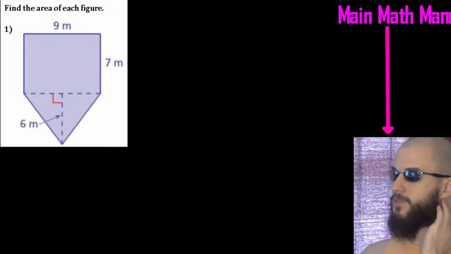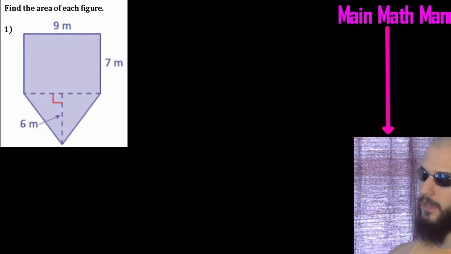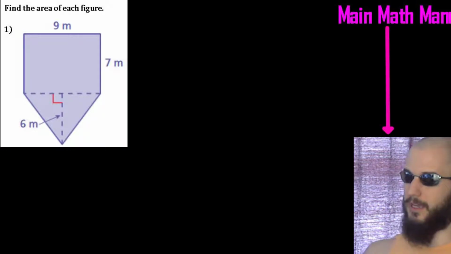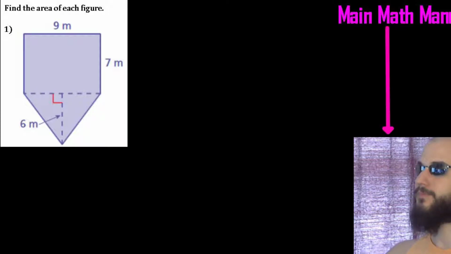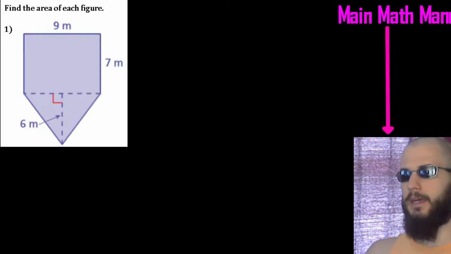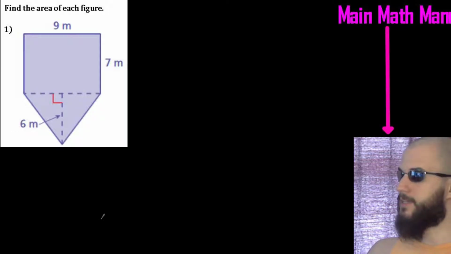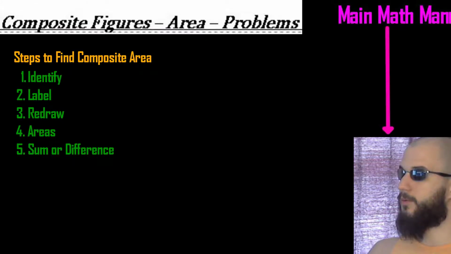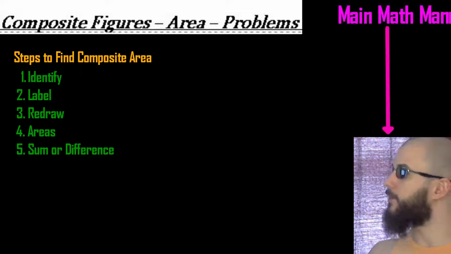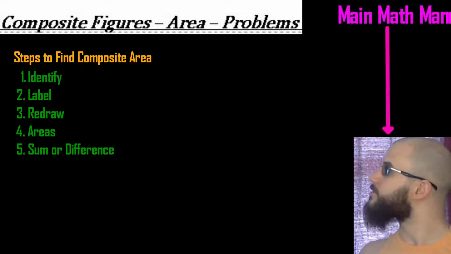Alright, so for that first problem, it gave you this shape, a nice bluish hue. First, let's see if we can display this for ourselves. So we had this, and let me see if I can pull up our other idea.